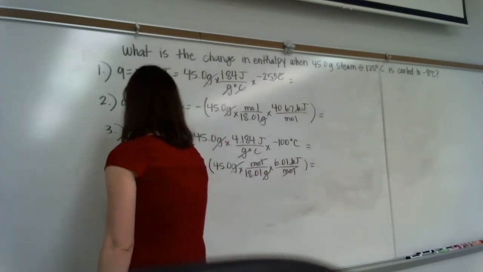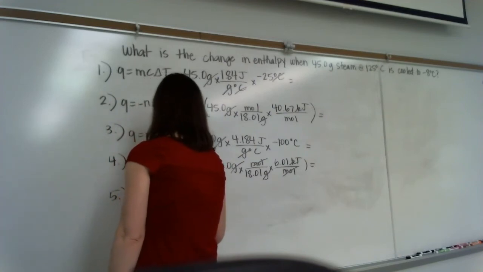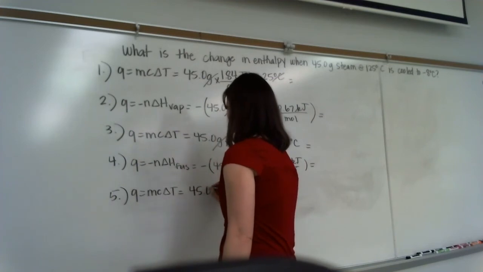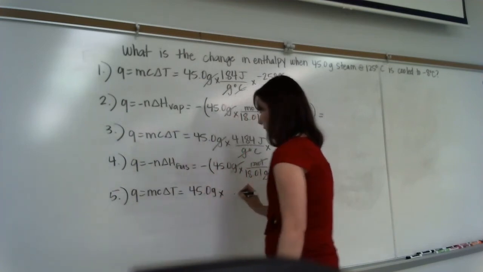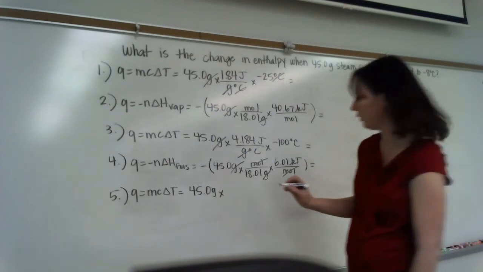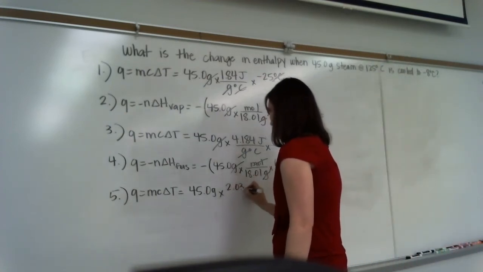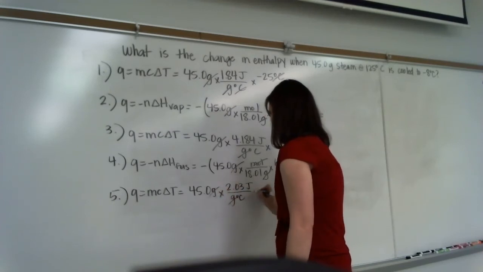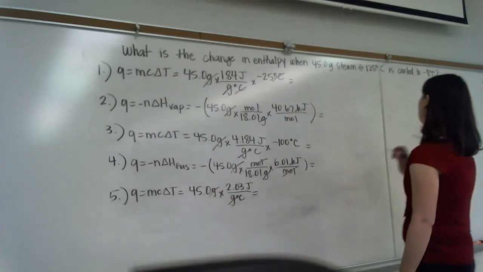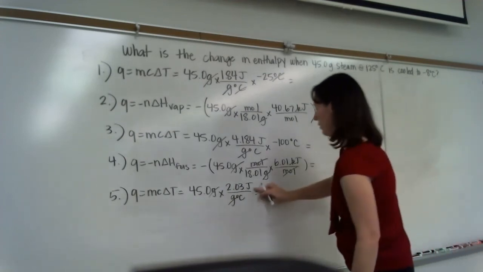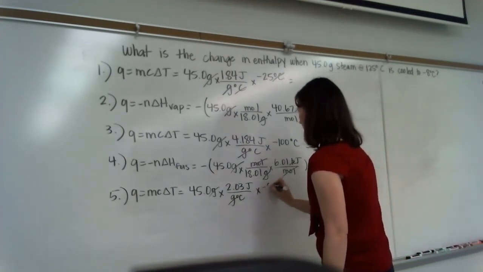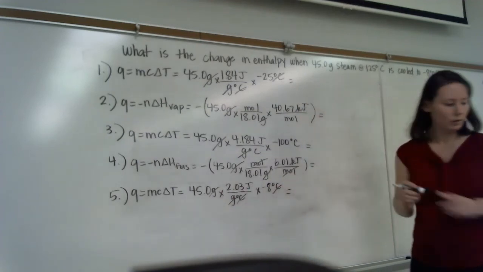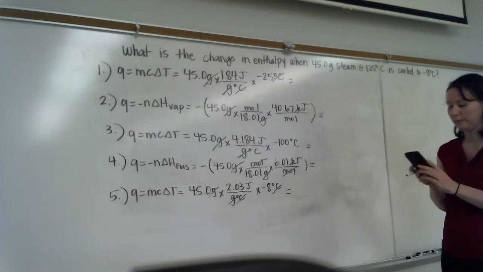And then calculation number 5, Q equals MC delta T. That's 45 grams times the heat capacity of ice, 2.03 joules per gram degrees Celsius. And now my delta T is negative 8 minus 0, so times negative 8 degrees Celsius. All right, so let's do our math.